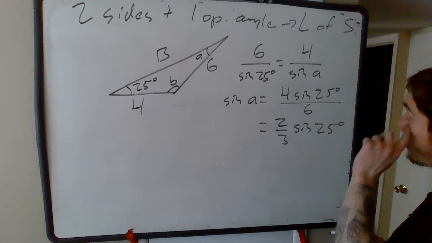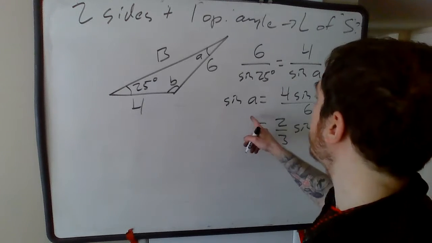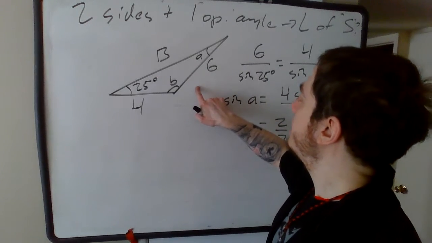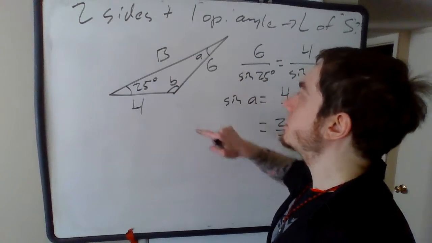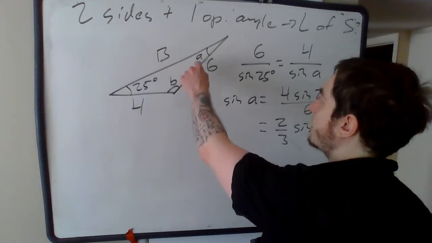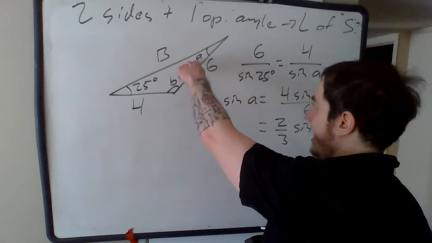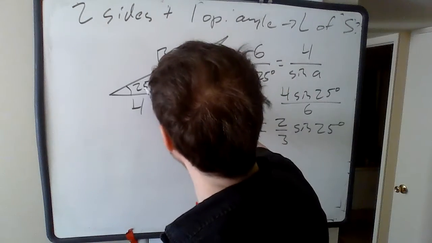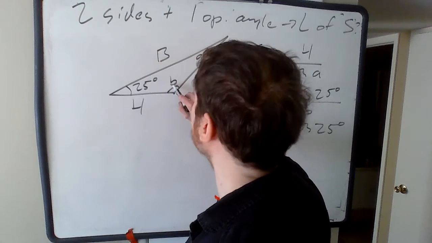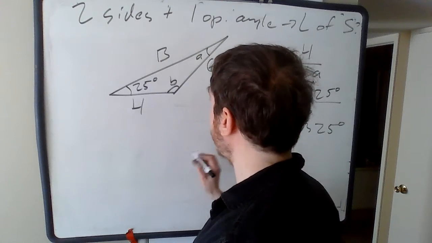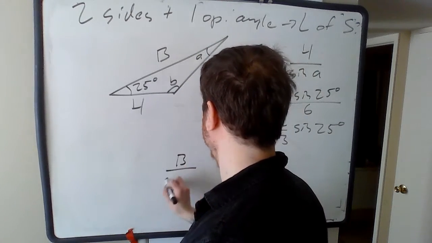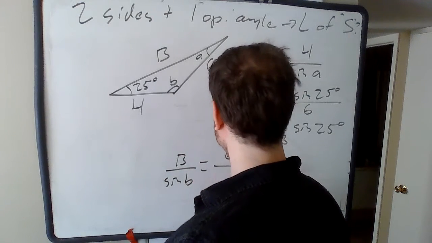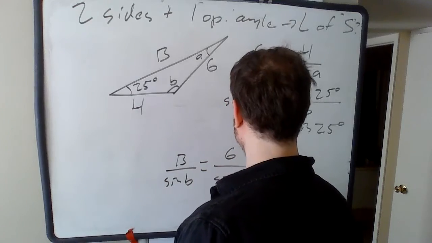Now, what I want to note here is that once I know what angle A is, the rest of this follows like in the previous problem, because once I figure out A, I know all 3 angles, because I can figure out B, and then I can just say that b over the sine of B is equal to 6 over the sine of 25 degrees.